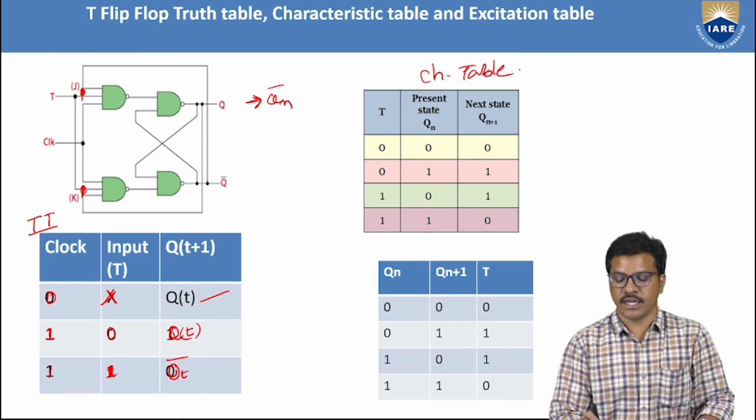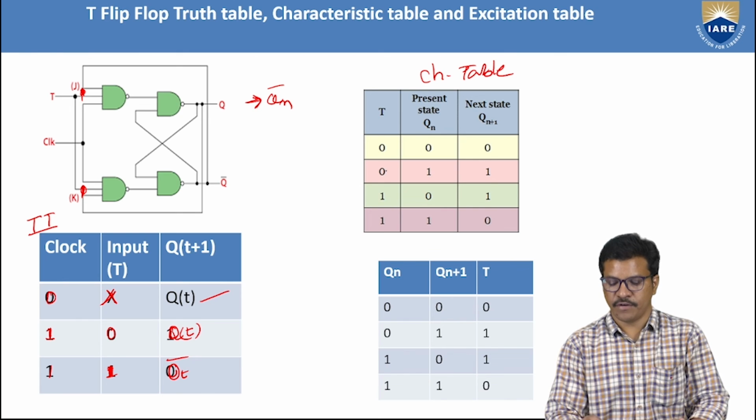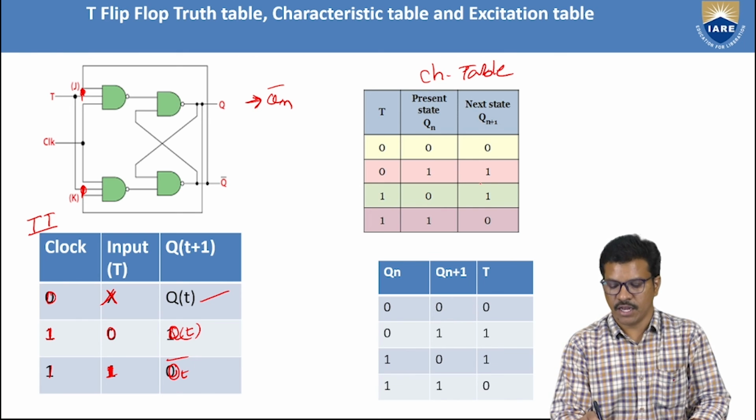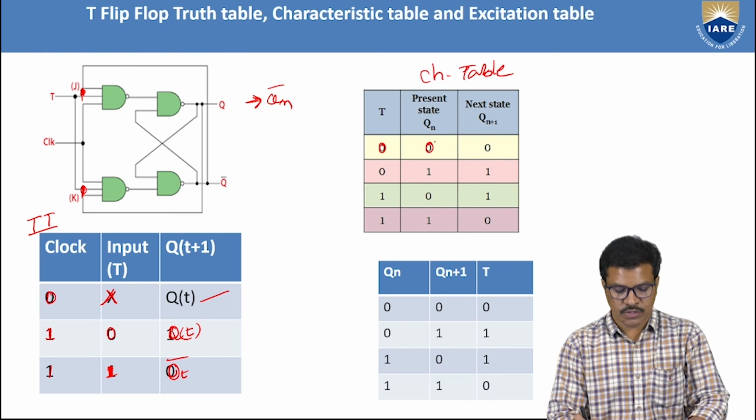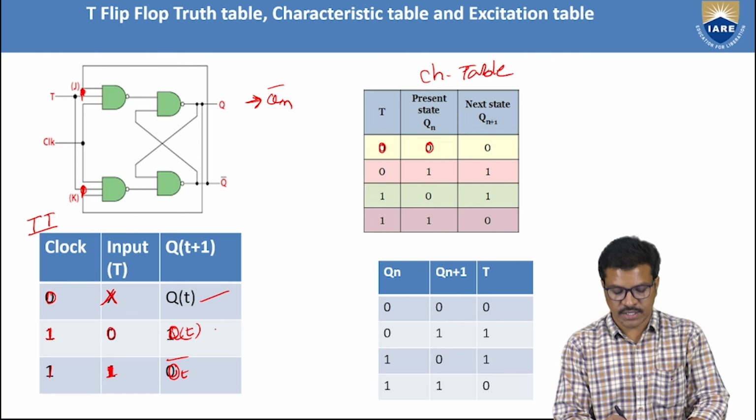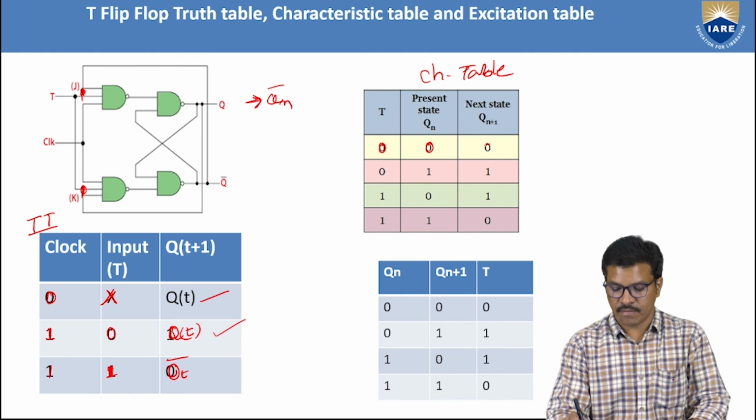Based on this, we can see this characteristic table. What is a characteristic table? For all the combinations of input and present state, you will get the next state. If T is 0 and present state 0, the next state is also the same.